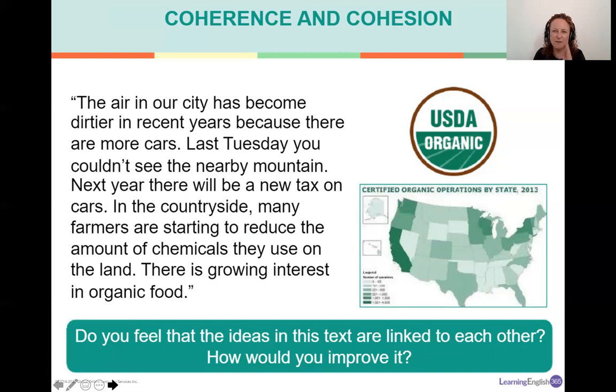Does it flow properly? We've got an example of some writing on the screen. Have a look at it. What do you think of it? Do you think the ideas in this text are linked together? What would you do to improve this text? What do you think?